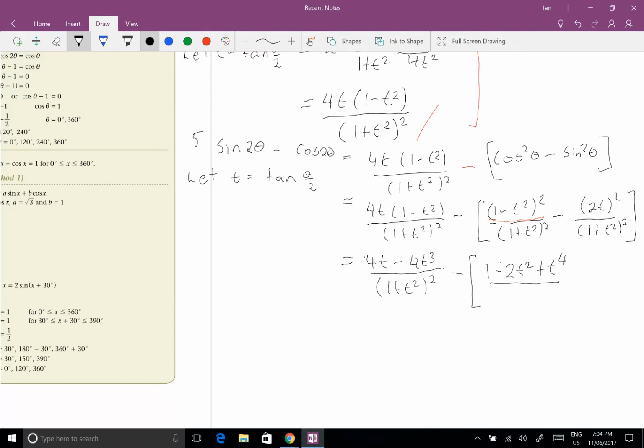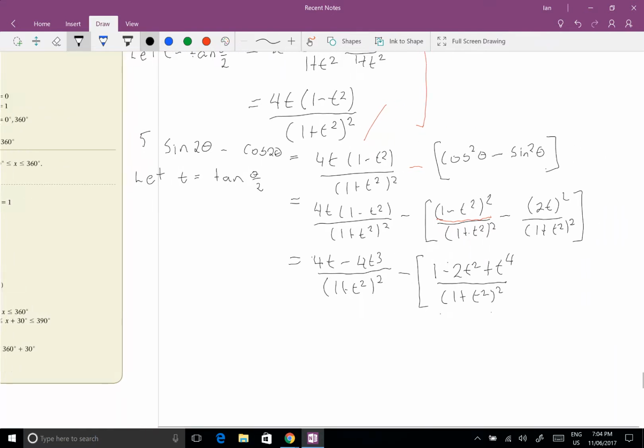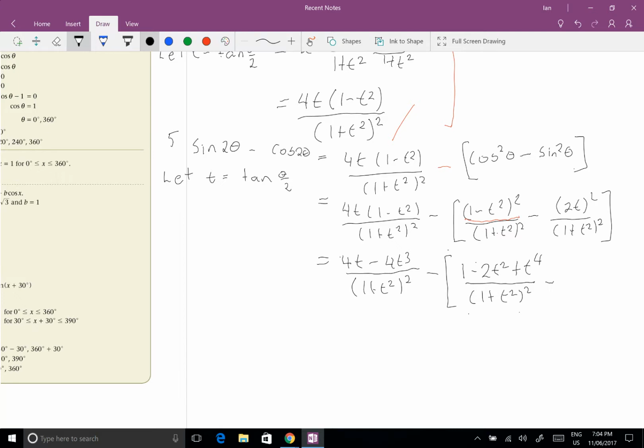And I'm going to leave that all over 1 plus t squared all squared. Now, minus 4t squared over 1 plus t squared all squared.